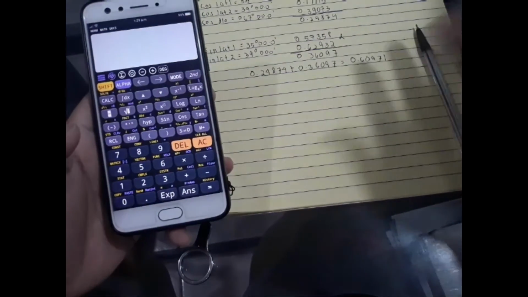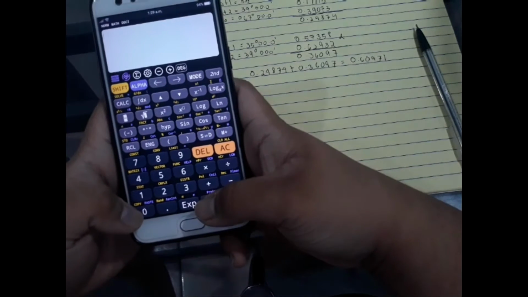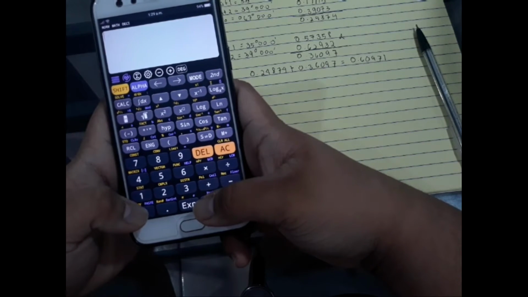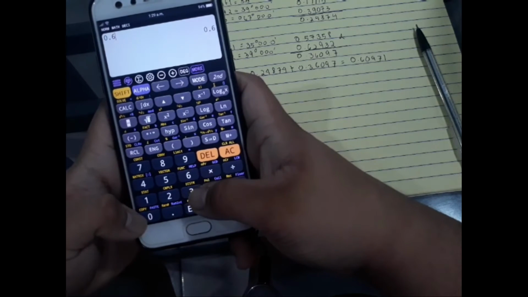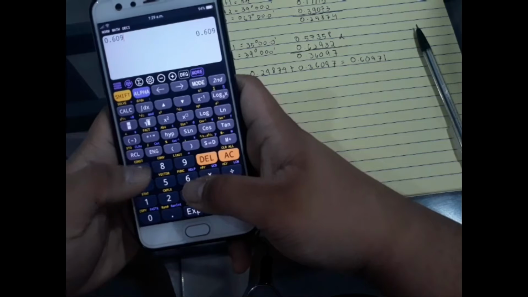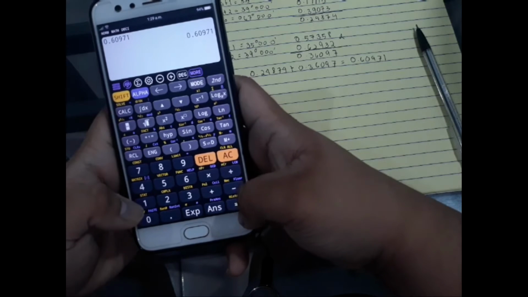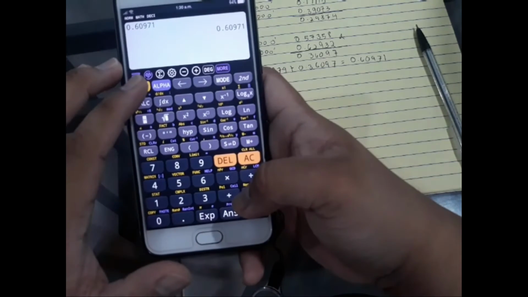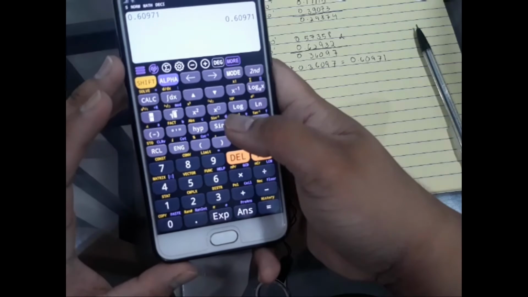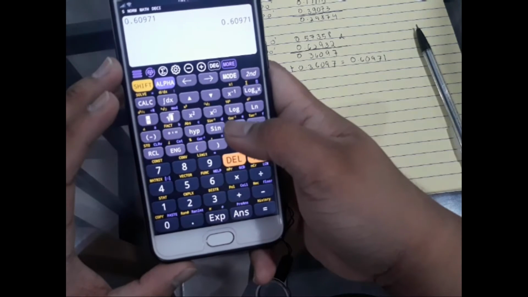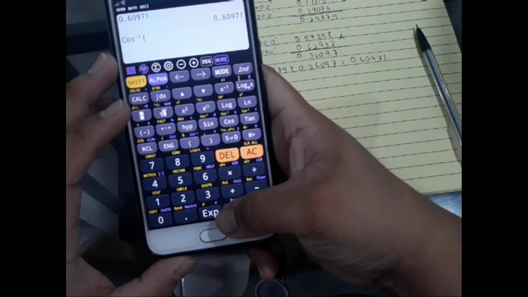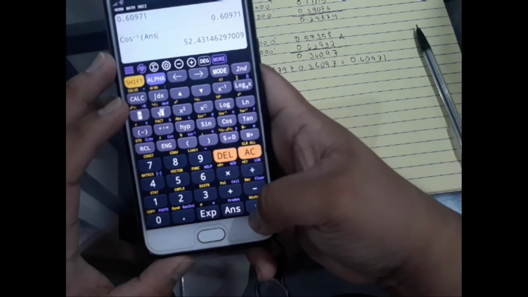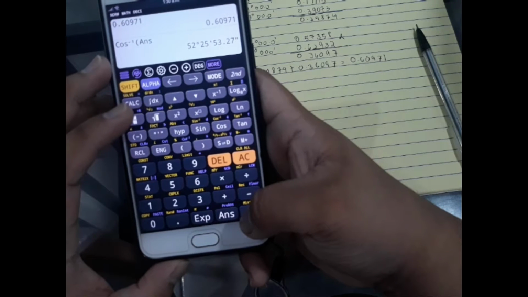It's not finished yet. To get the distance angle, we take 0.60971 and press shift, cos, answer, and the degrees.